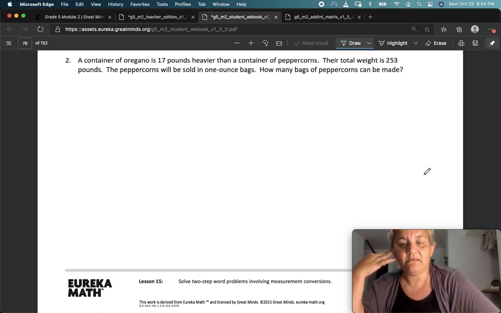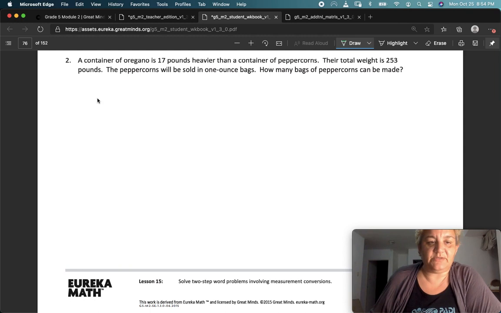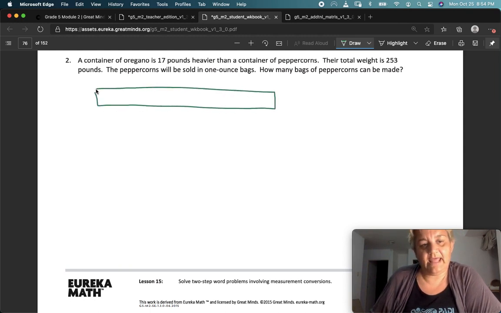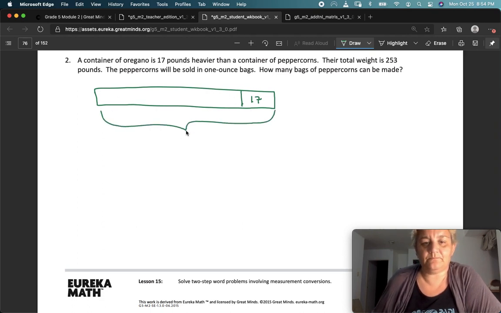Okay, so I'm going to use a tape diagram here. And this is those 17 pounds that we were talking about. And the total weight is 253. And this is split in half, okay? But because this is 17 more than this, I know that these two are the same amount.